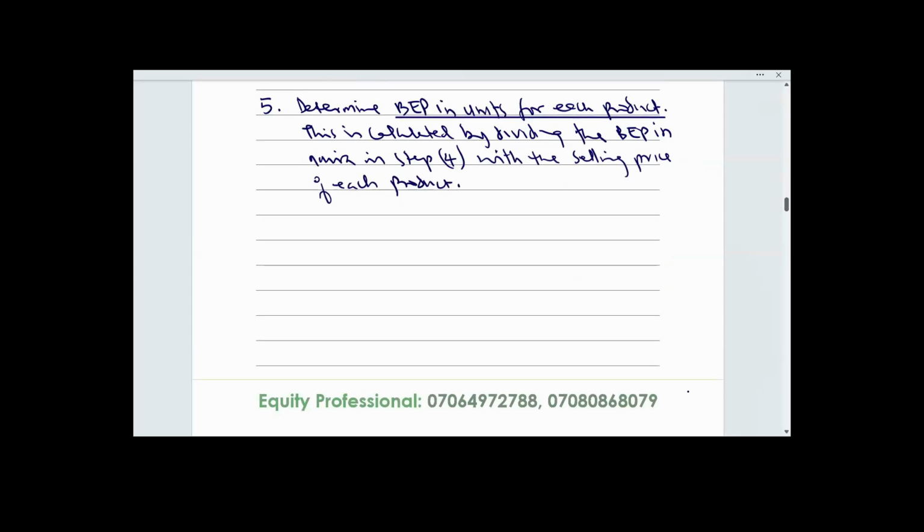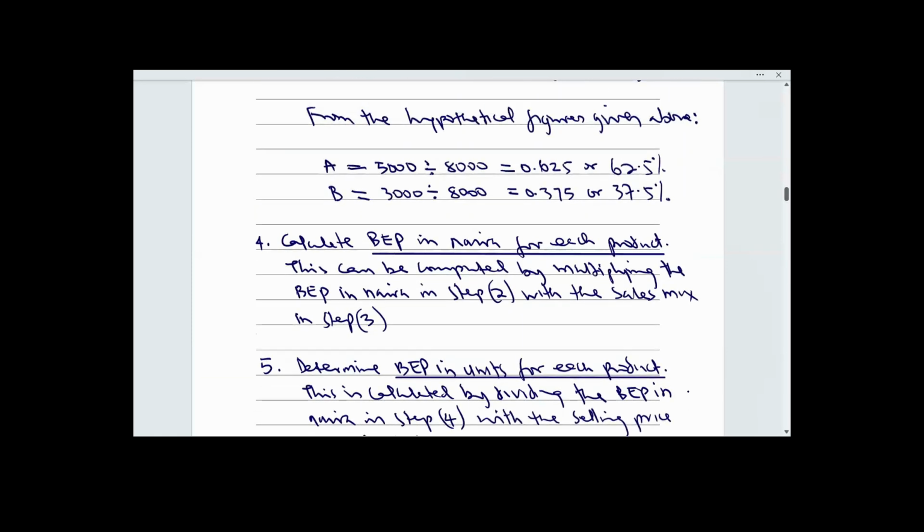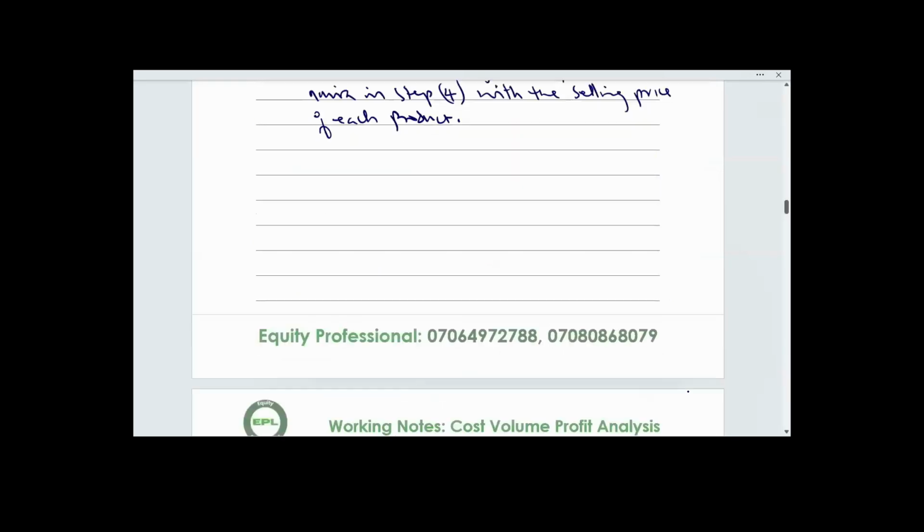So these are the procedures you are going to carry out anytime you want to compute a break-even point for a multi-product organization. So let me put it in a tabular format. All right. So the first item will be products.